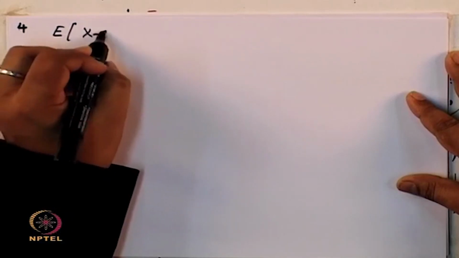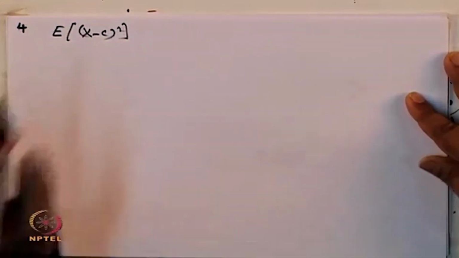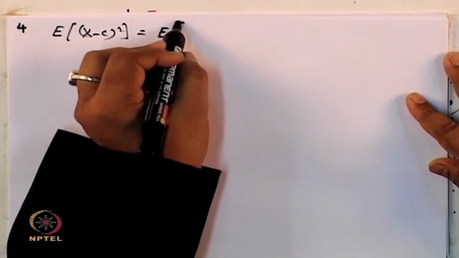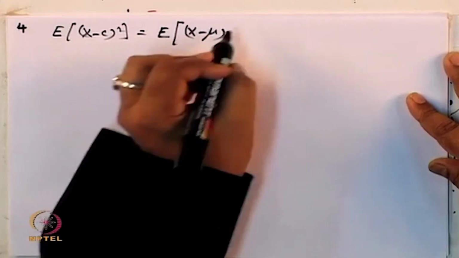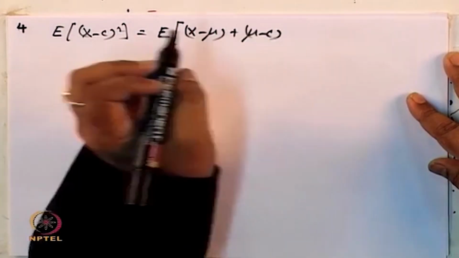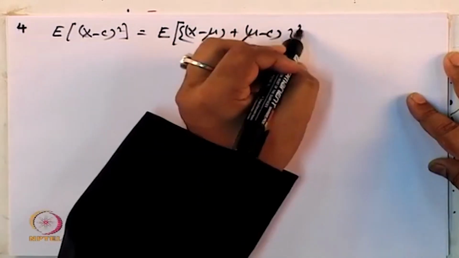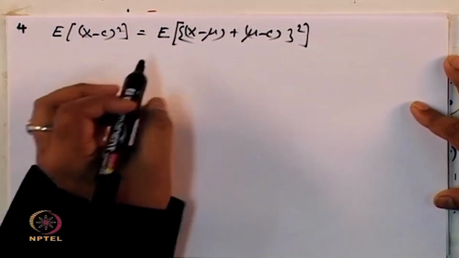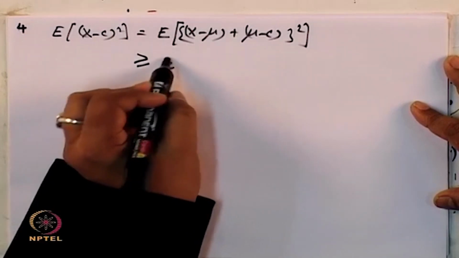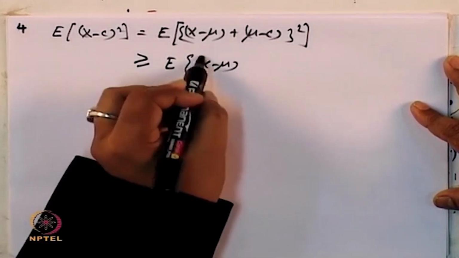So, we had earlier determined, if I do E of (x minus c) whole squared, I can expand this as E of (x minus mu plus mu minus c) whole squared, and this we had shown is greater than or equal to E of (x minus mu) whole squared.